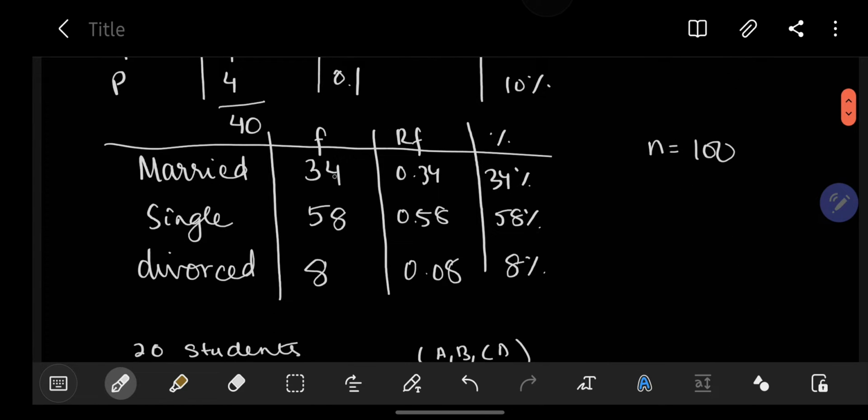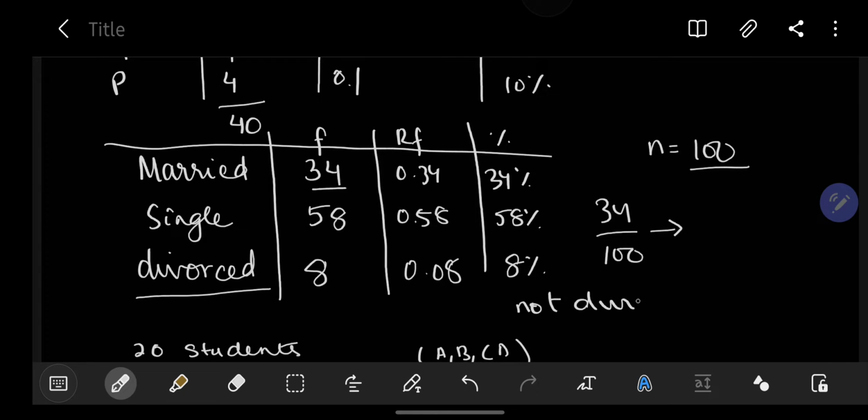So here, n was 100, f was 34, so 34 by 100 refers to the relative frequency of married. And if we need to find the frequency of not divorced, what we will do is add up 58 plus 34, which results in 92.